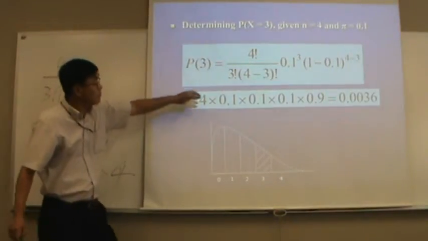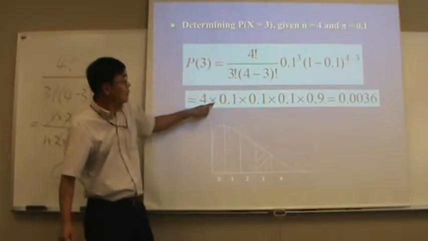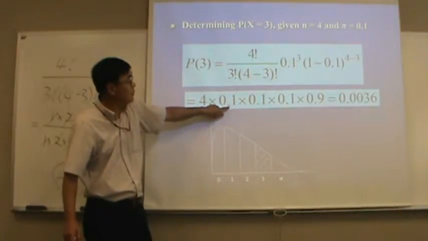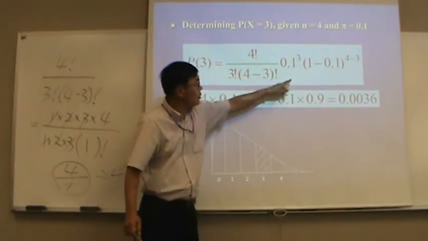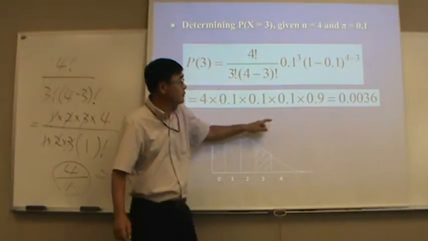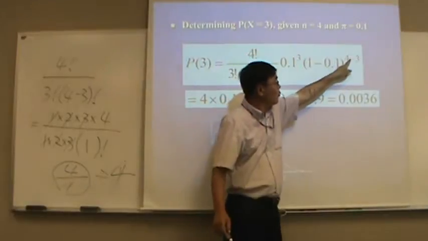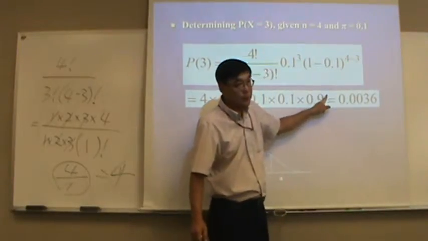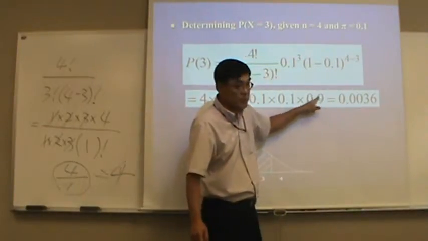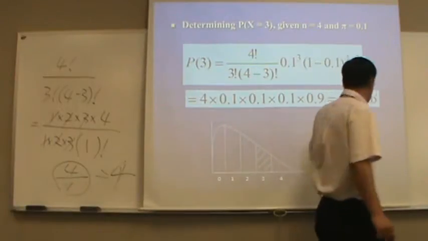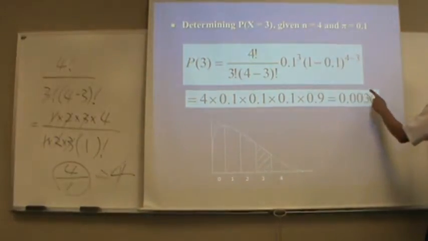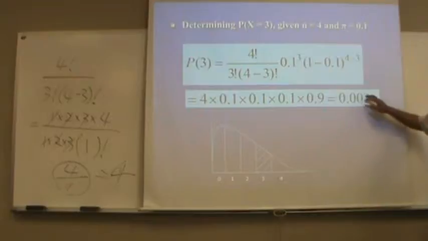So this is 4 times 0.1 to the third power, times 0.9 to the power of 4 minus 3, which is 1, just 0.9. So the result is 0.0036, 0.36%.